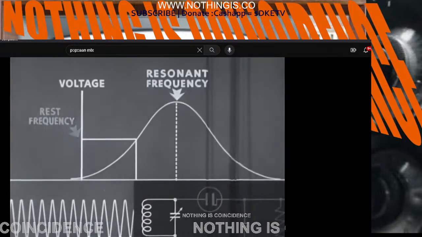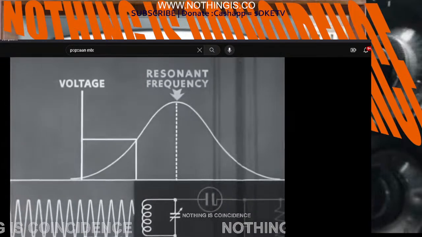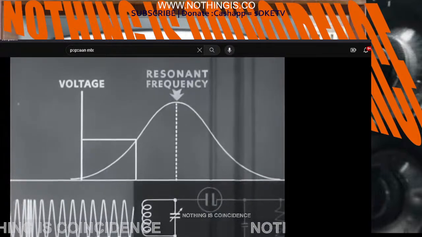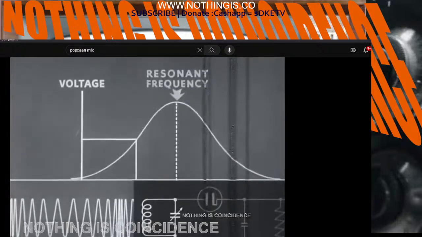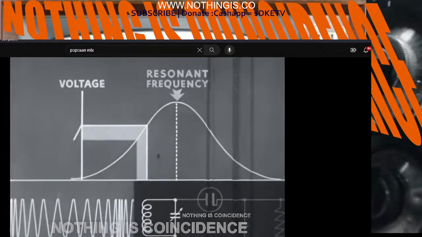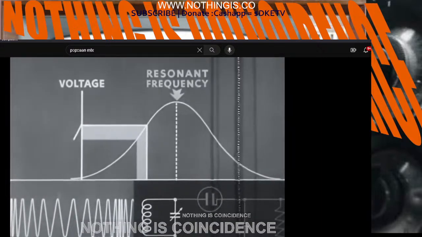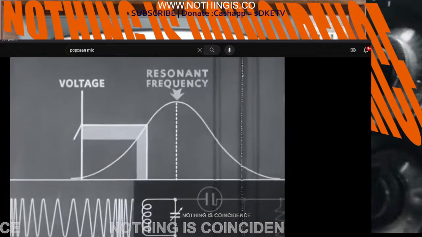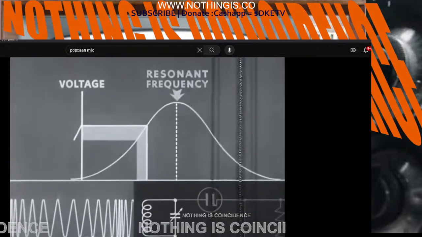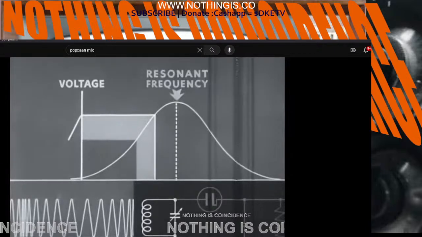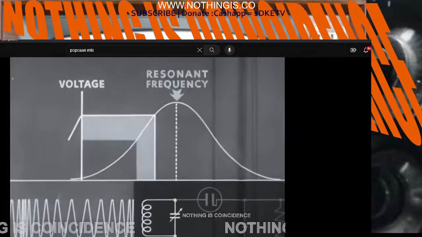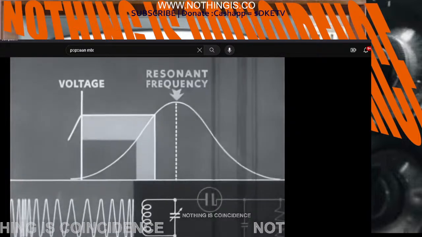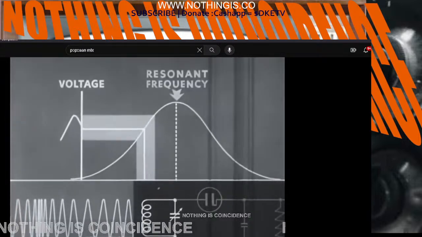Now, when the frequency of the incoming wave is changed so that it moves closer to the resonant frequency of the discriminator, more voltage is passed by the discriminator. This means that the voltage output of the discriminator will rise in step. When the frequency of the incoming FM wave reaches its peak, the voltage reaches its peak. Now, as the frequency of the wave gets farther away from the resonant frequency of the discriminator, less voltage is passed.